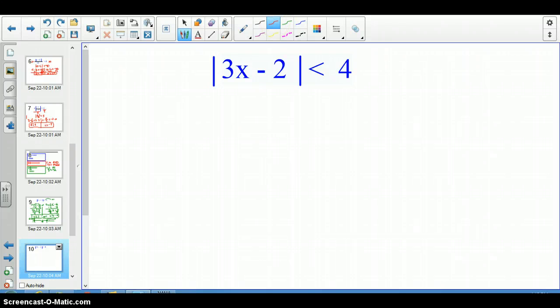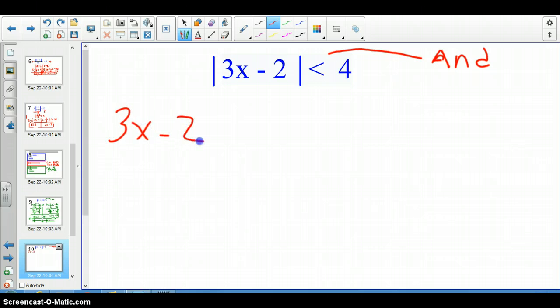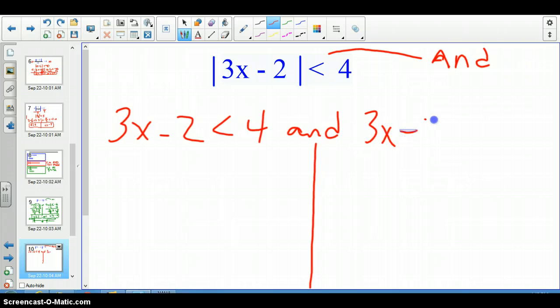Okay, this next one, there's nothing out in front of the absolute value, nothing underneath of it, and nothing behind it. And on the other side, you have a positive number. So we can go ahead and start to set up our two inequalities. This is a less than, so it's an and inequality. So I have 3x minus 2 less than 4, and 3x minus 2.